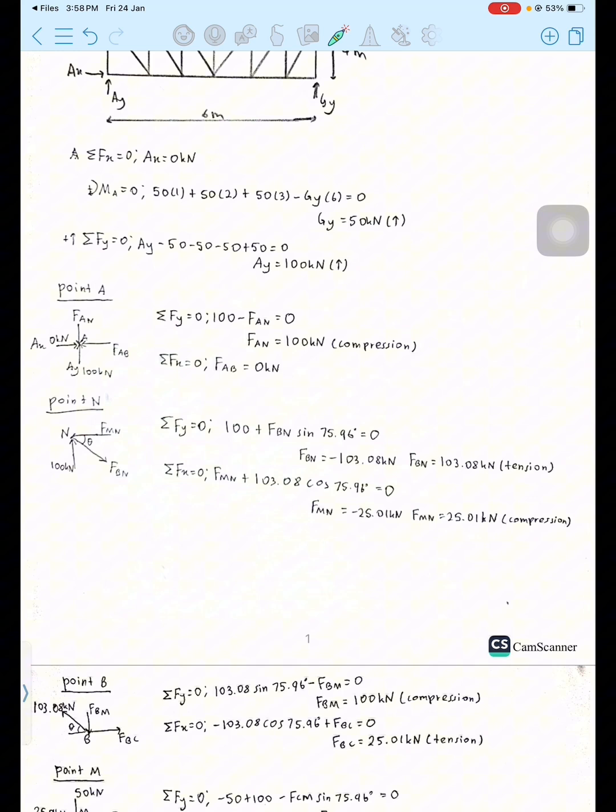In this question we assume upward is positive and right direction is positive.